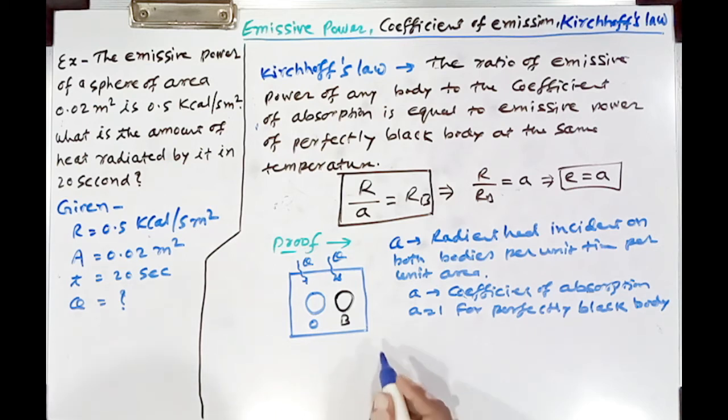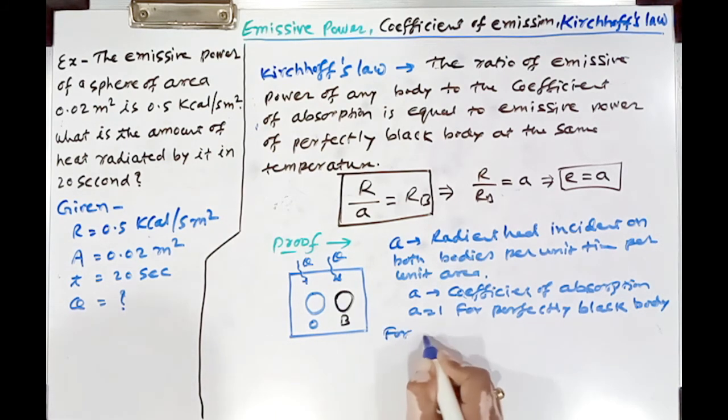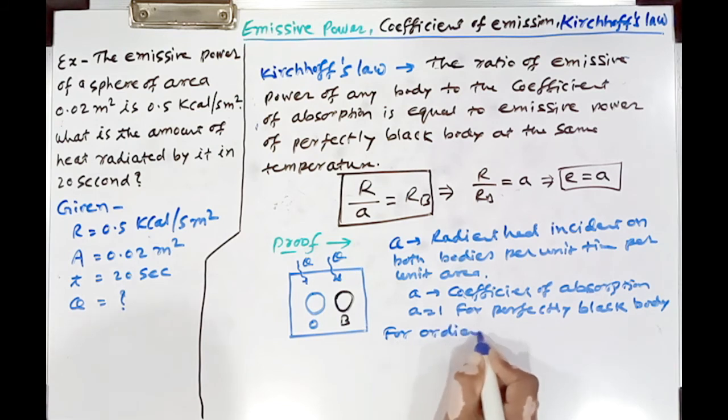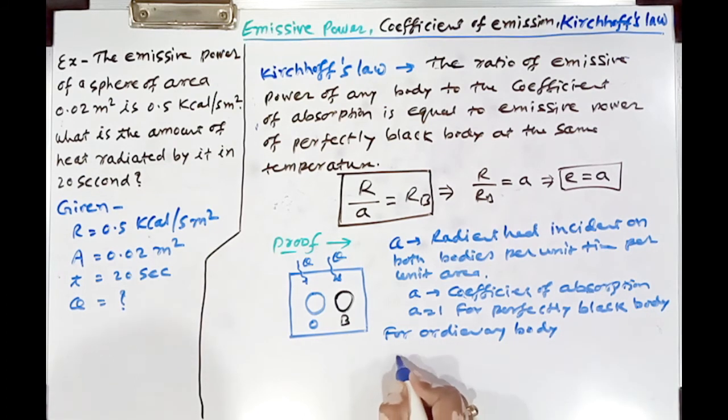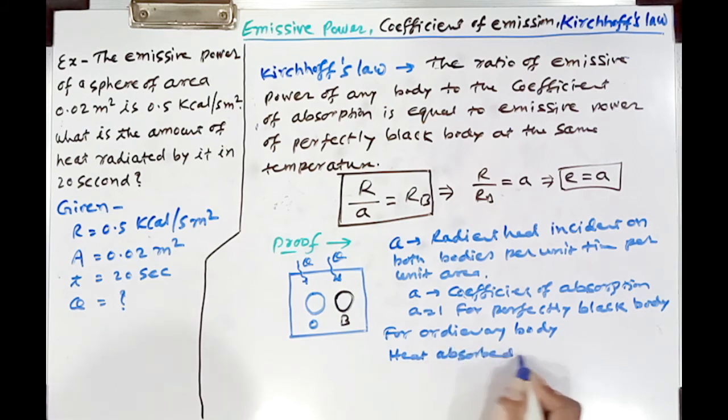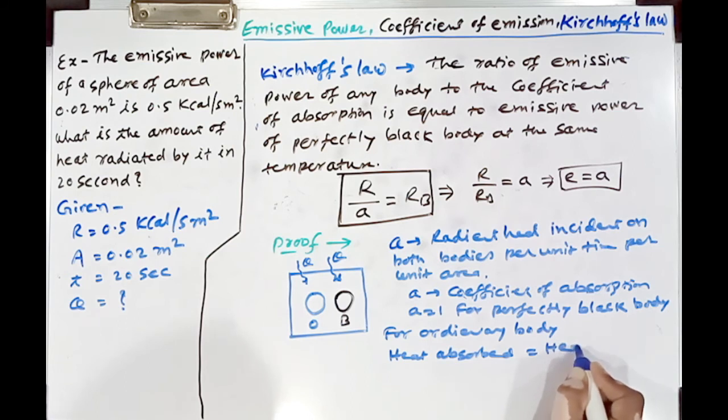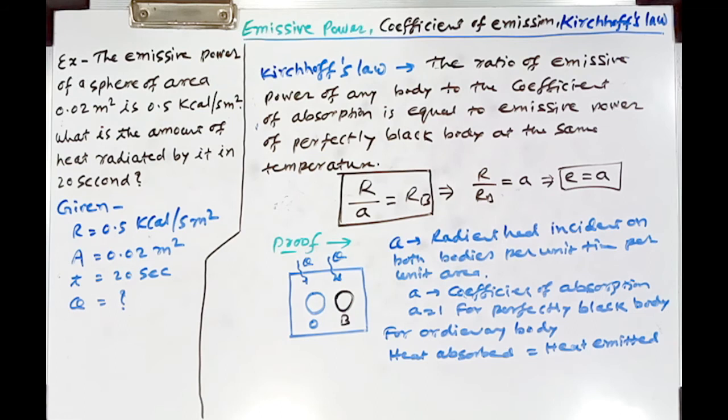So we say here, for the ordinary body, which means any body which is not a black body, heat absorbed is equal to heat emitted per unit time per unit area.